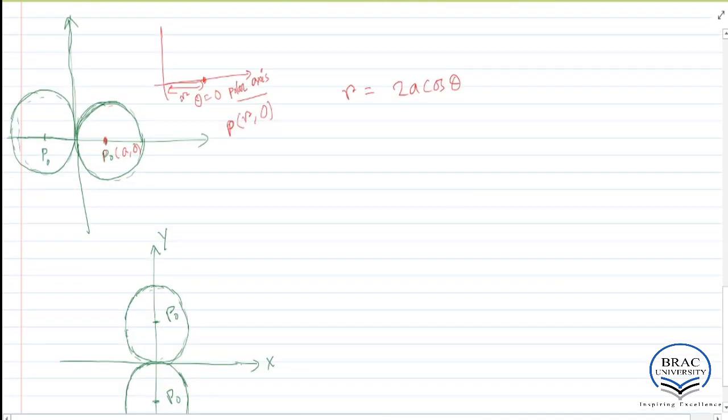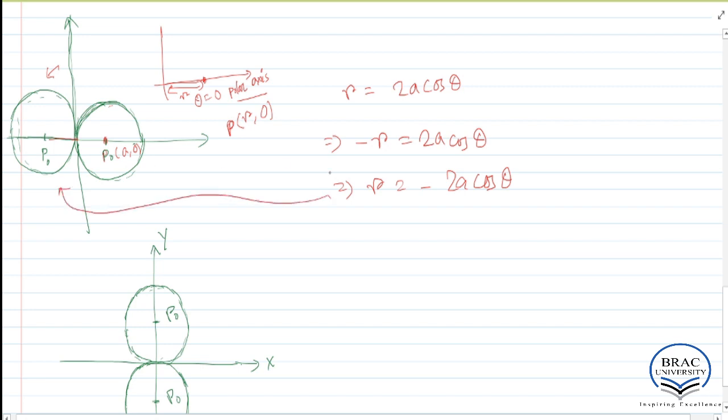Now when the circle is on the negative x-axis, we just invert the direction of r, so we have a negative r on the left hand side, and we are left with r equals minus twice a cosine of theta for this case, and r equals twice a cosine of theta for the other case.